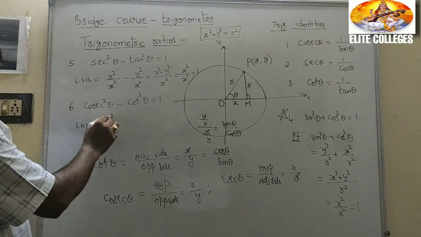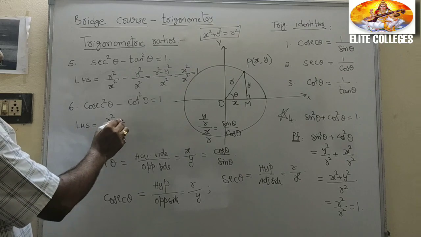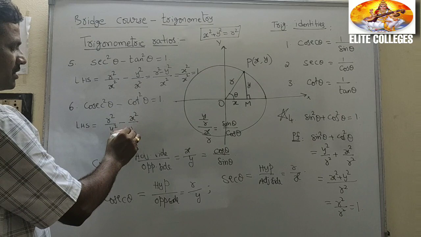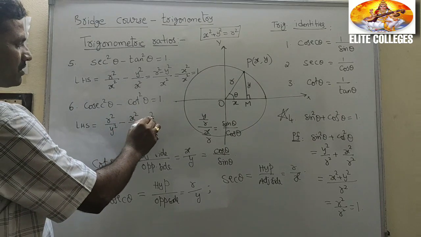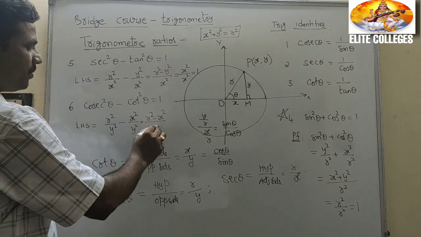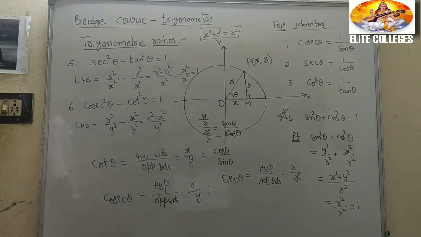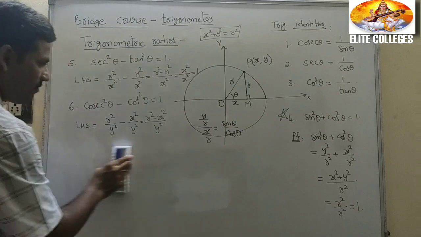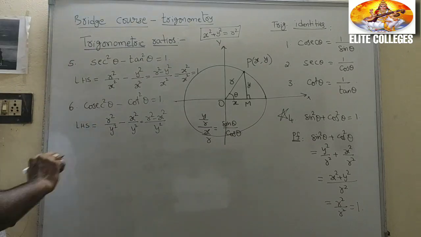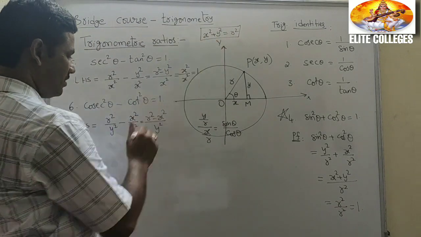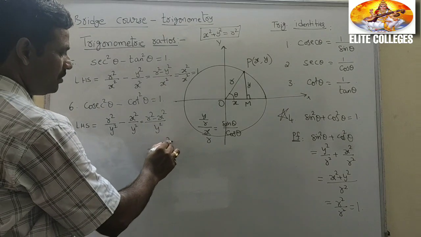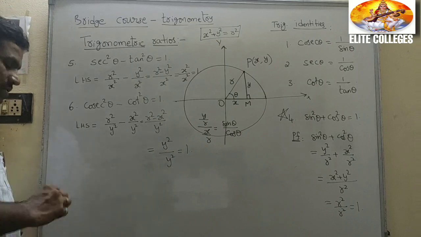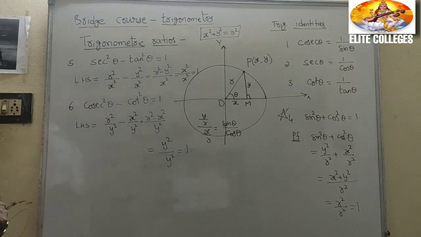R by y, so r square by y square minus cot square theta, x square by y square, that equals r square minus x square by y square. What is r square minus x square? It is y square. So y square by y square is equal to 1. So these are the relations we have.